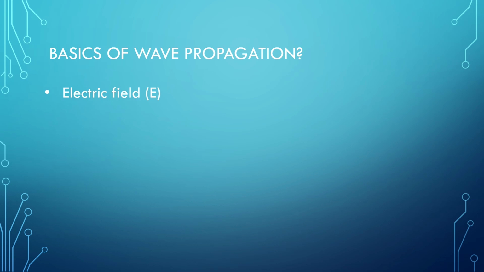First, we have the electric field, represented by the letter E, and the other main component is the magnetic field, represented by the letter H. When we cross multiply both of them, if we assume that the electric field is moving along the y direction and the magnetic field is moving along the z direction, by cross multiplying them we get the direction of propagation, which is along the x direction.